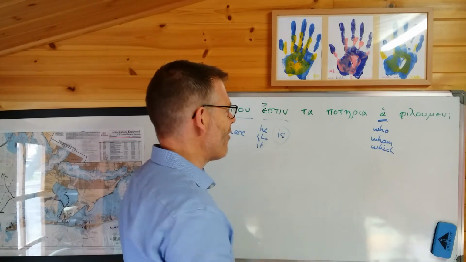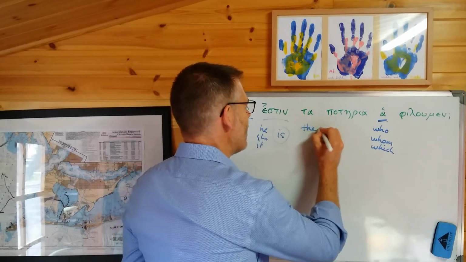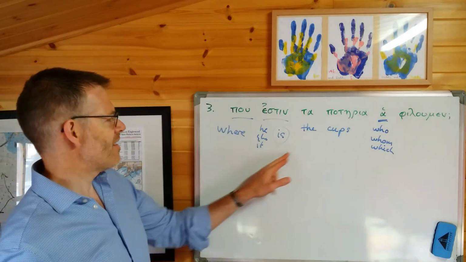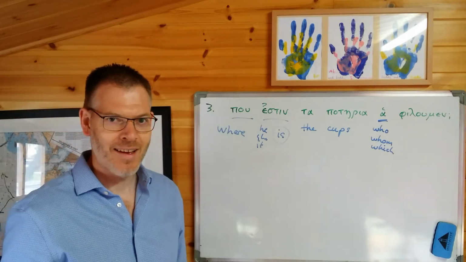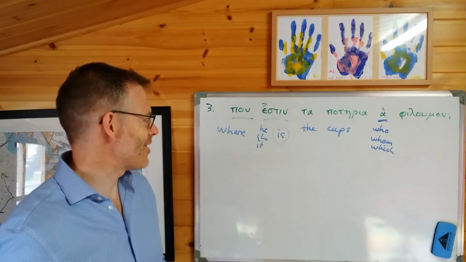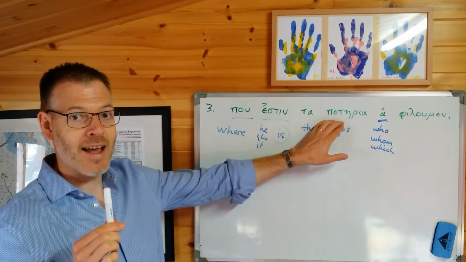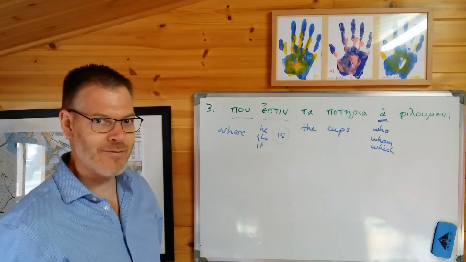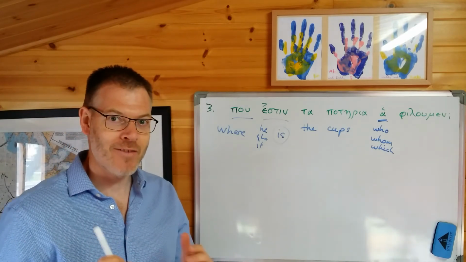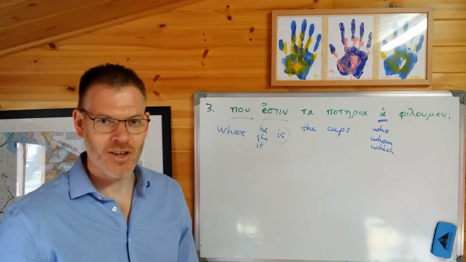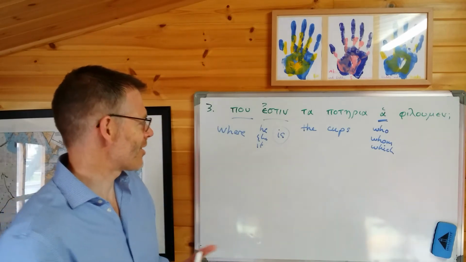It comes from potērion, and it means the cups. Where is the cups? What's going on there? This is one of those interesting grammatical features that's in this sentence. Neuter plural nouns take a singular verb. Not always, but very, very often. Of course, there's all kinds of confusion in, I think it's Ephesians 2. Anyway, that's for an advanced Greek lesson.